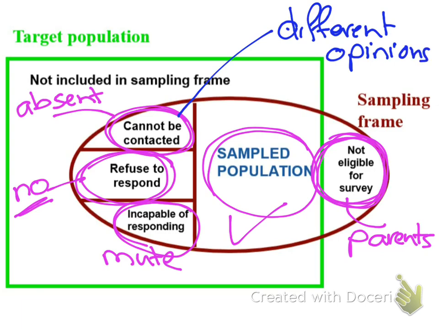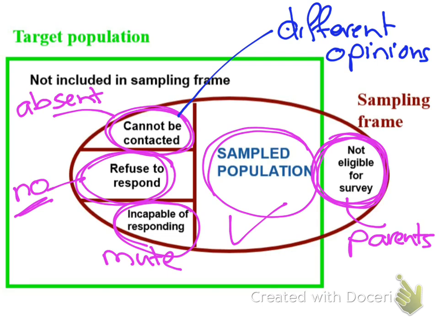They might feel differently about this cafeteria than those who have responded. So the people that refuse to respond, they might all think that the cafeteria food is terrible, and they're not going to do a survey about it because, quite frankly, they're not wasting their time. It's terrible food. I'm not going to tell you about it. Whereas those that do like the cafeteria food, they're the ones that have responded and said, yes, we love the cafeteria food. We think it's wonderful.